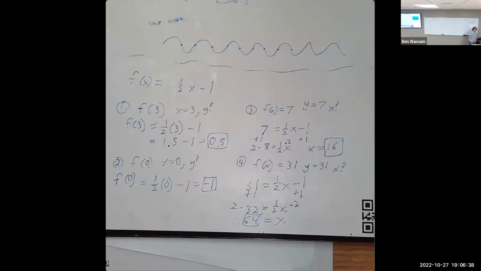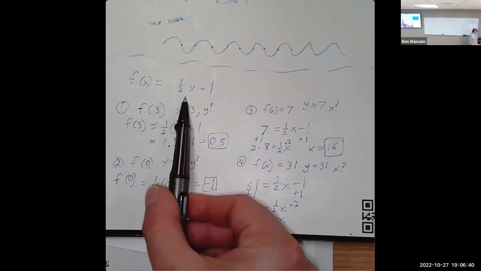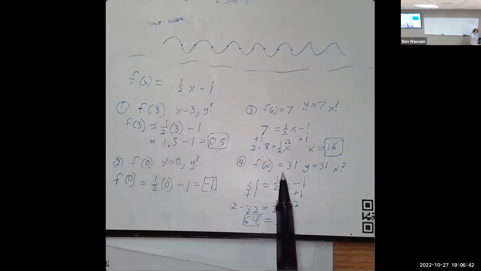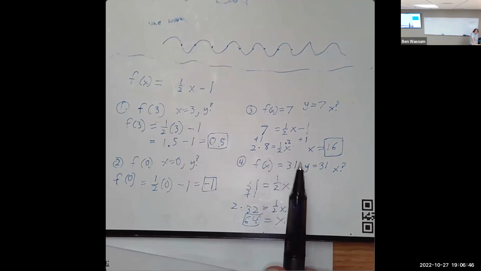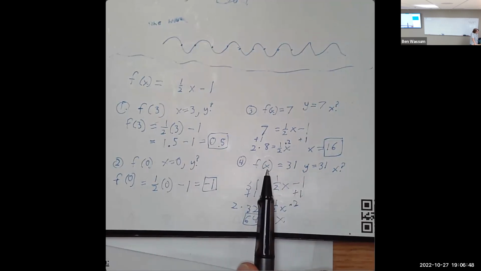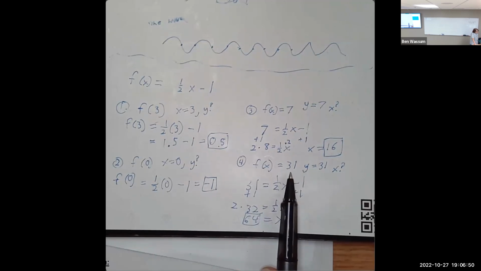So you could see that, hey, whatever these are, these are the outputs, right? f of x equals 31. That means some variable plugged in for that x gave us a 31 as an output.